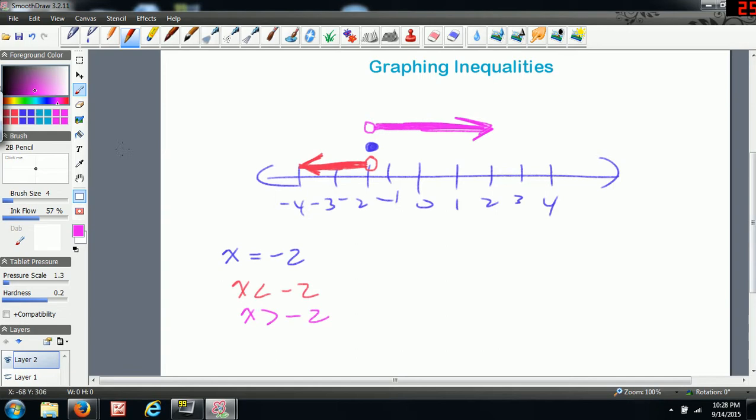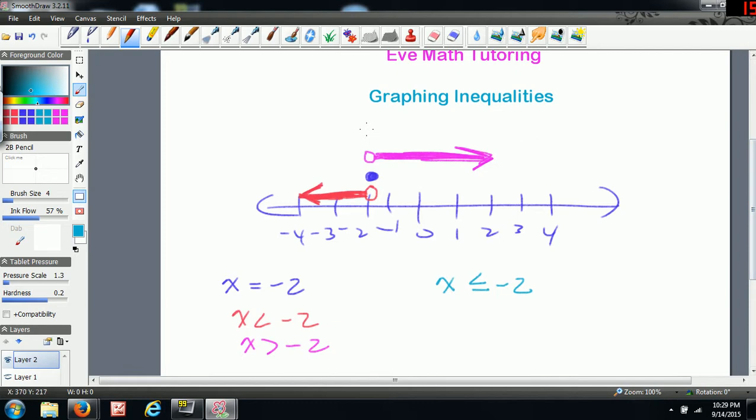And then if we had some with equal to and less than, so say we had x is less than or equal to -2, that would be including -2 and then everything that is less than. So that would be represented in this way. Okay, so that would be x is less than or equal to -2.